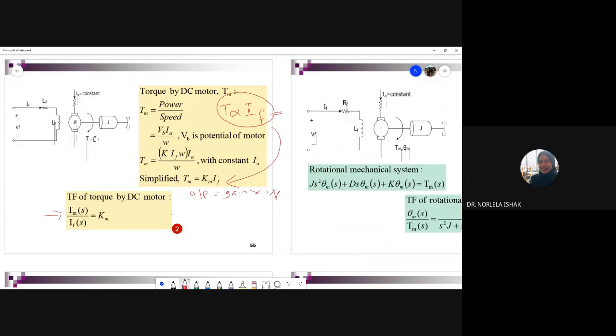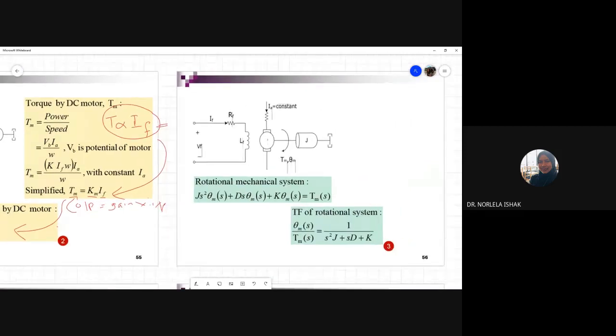So from this equation you compare with the equation you derived already. Torque is the output, Km is the gain, and IF is the input. So from here you rearrange and you get the transfer function: output over input equals Km, where Km is a constant coefficient for the motor.